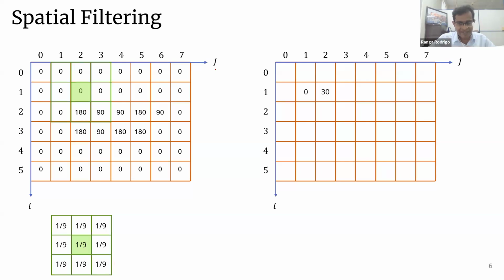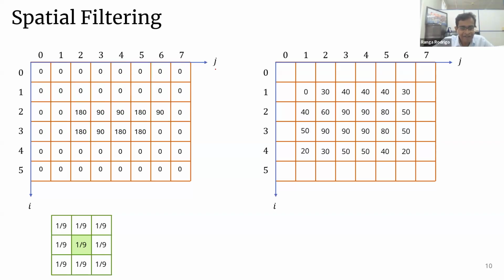Then when you go there you get 40 again, then at this location you get 40 again, at this location you get 30, and then in the next row you get 40, and so on. I hope that is clear. This number is wrong. As you saw, this number has to be 20. I made a mistake there.